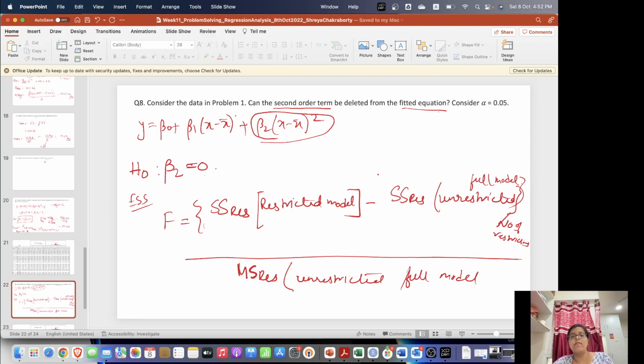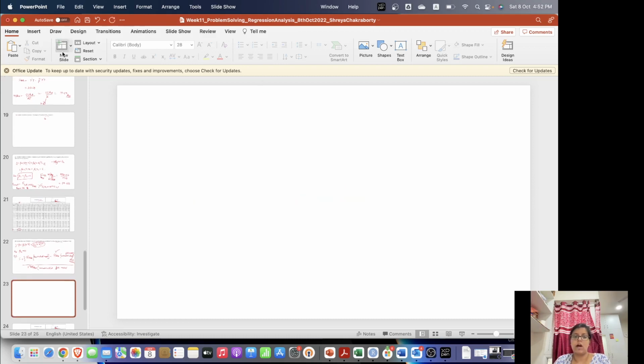So we have information on this one, this one also we know. So what we need to do is compute SS residuals from the restricted model. So how are we going to do that?